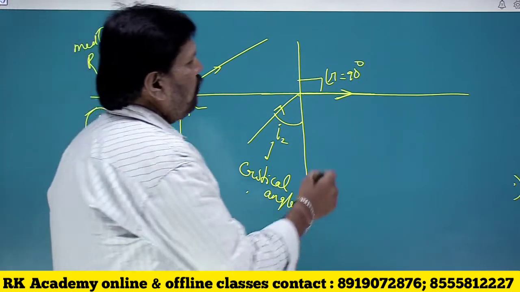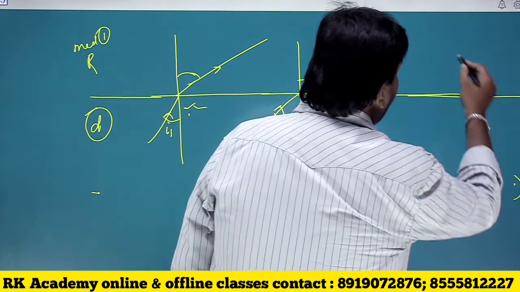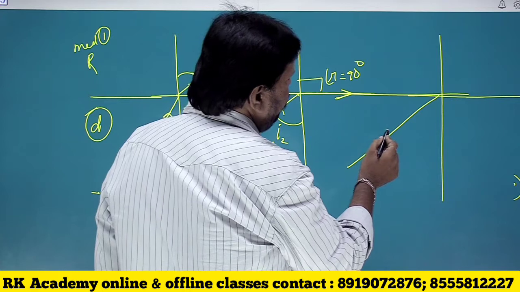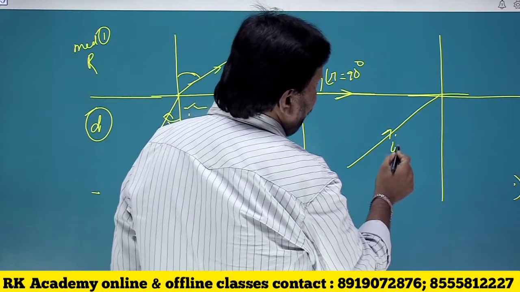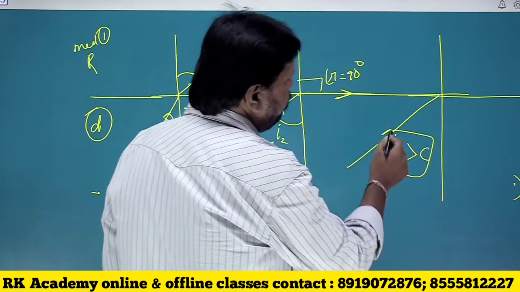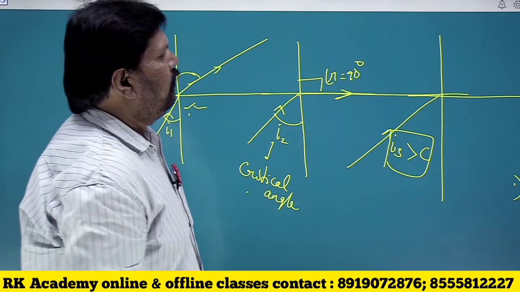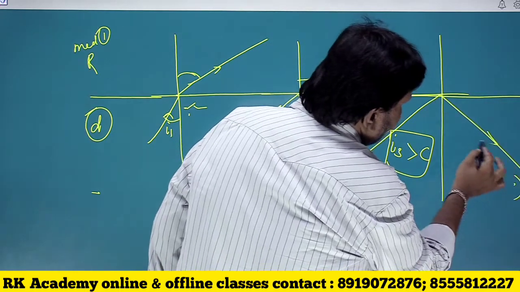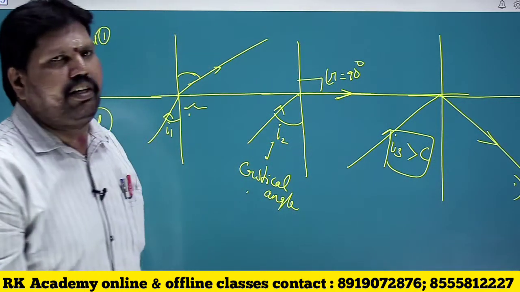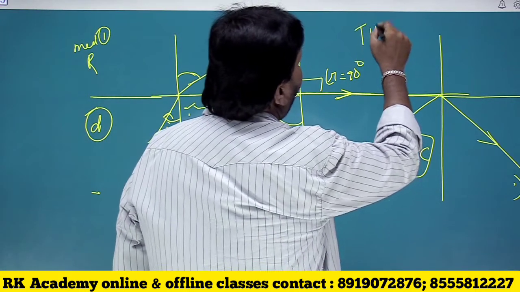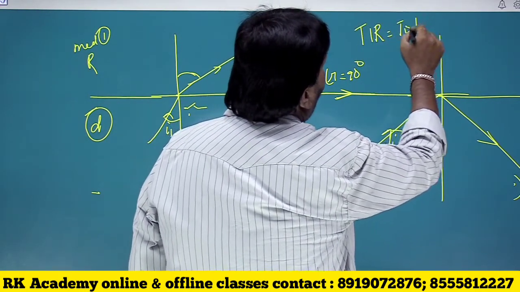Okay. Now you incident the light ray where the angle of incidence is more than the critical angle. Then instead of refraction, the ray bounces back into the same medium. This phenomenon is known as total internal reflection.